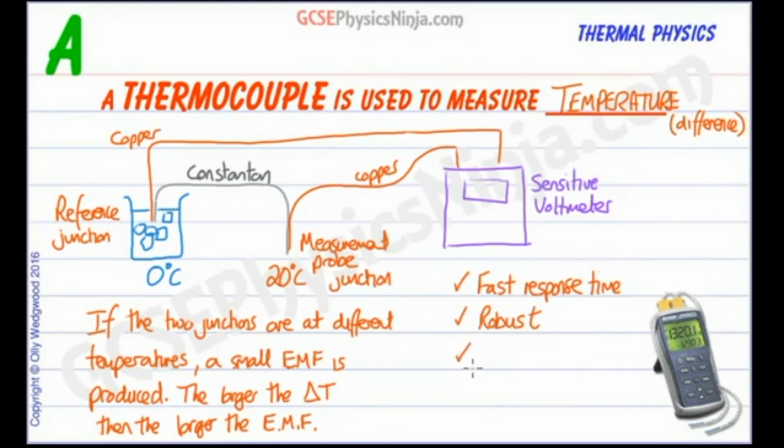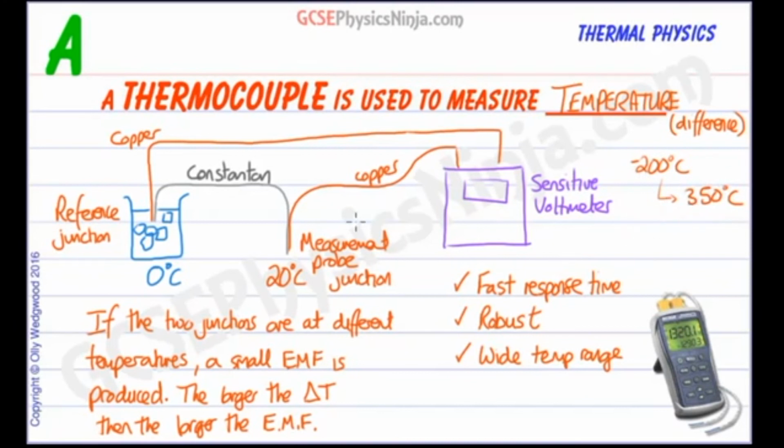And a third reason why it's very useful is that it's got a very wide temperature range. The constantan copper can measure between minus 200 degrees and 350 degrees. Minus 200 degrees Celsius, well, that's pretty cold, all the way up to 350 degrees Celsius. That's a pretty large range compared to a liquid in glass thermometer.